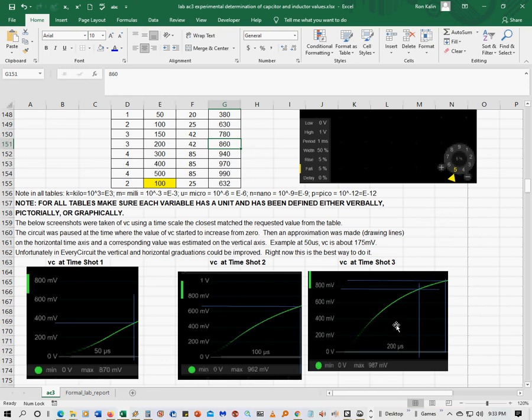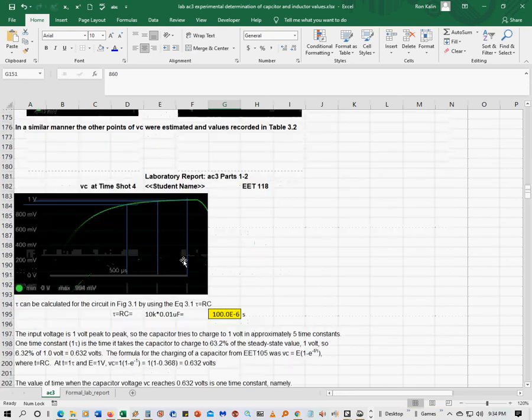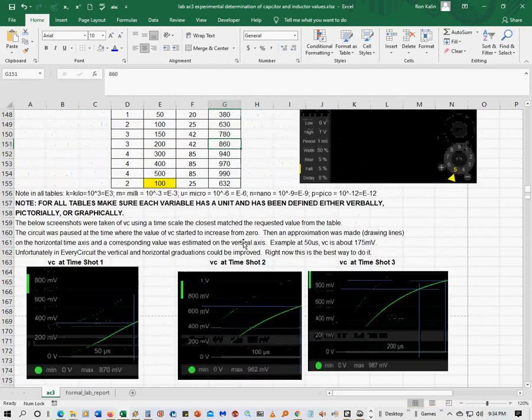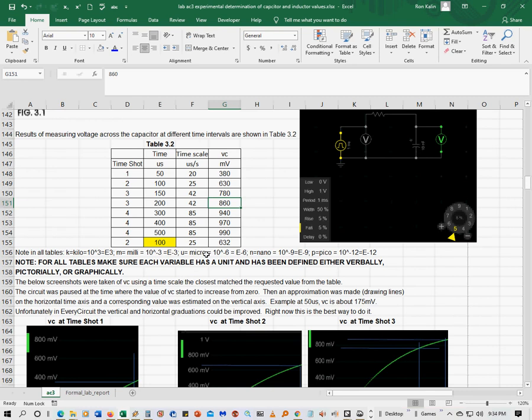Even in between the main grid lines, there's minor grid graduations, and you would be able to pick this out a little bit easier, but I did my best. So it's green shot 3 at 150 and 200, and then 4s at 300, 400, and 500, which is down here. And as you can see, it's pretty much getting up to the steady state voltage. So that's pretty much how you do it.